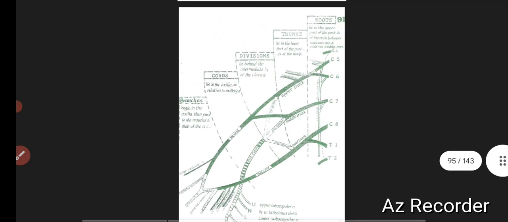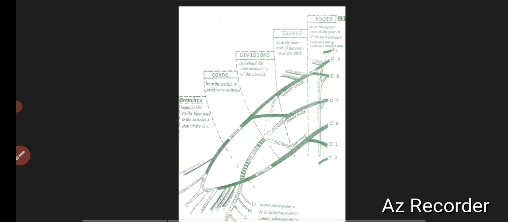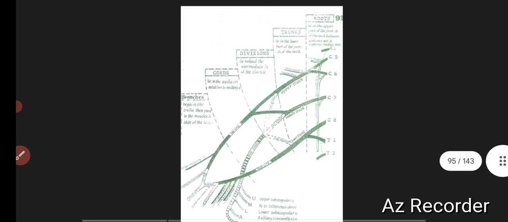Okay, when the question comes, you have to draw this picture for the full attending of the question. Okay, you can take the screenshot and draw in your copybook. Okay? So this is it. This is the brachial plexus.